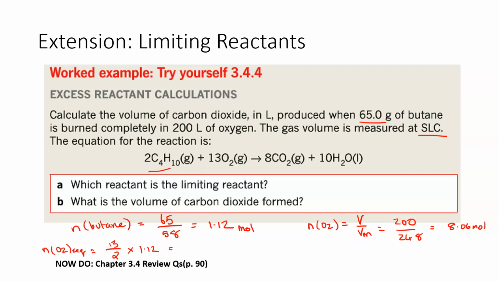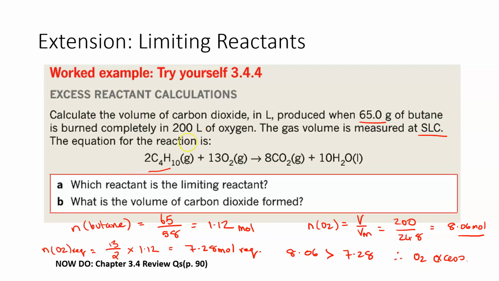If we take 13 divided by 2 and multiply that by 1.12, we get 7.28 mole. And that's what's required. If we have a look over here, 8.06 is greater than 7.28. Therefore, oxygen is in excess because I have more than is needed by this reaction.